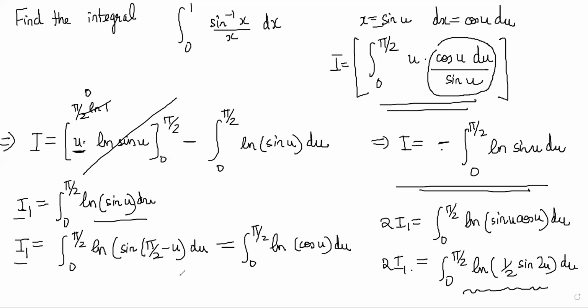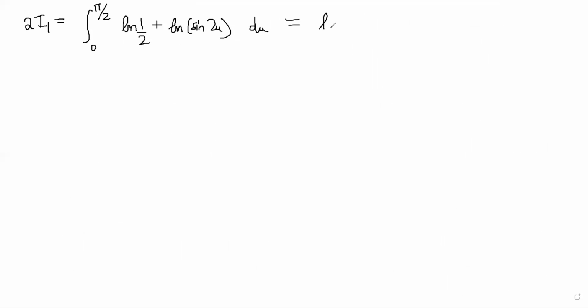So 2I1 is equal to integral 0 to pi by 2 ln of half sine 2u, so ln half plus ln sine 2u du. So split it apart, do it separately. You get ln half into pi by 2 after evaluating the integral, plus integral 0 to pi by 2 ln sine 2u du, right? Okay, great.